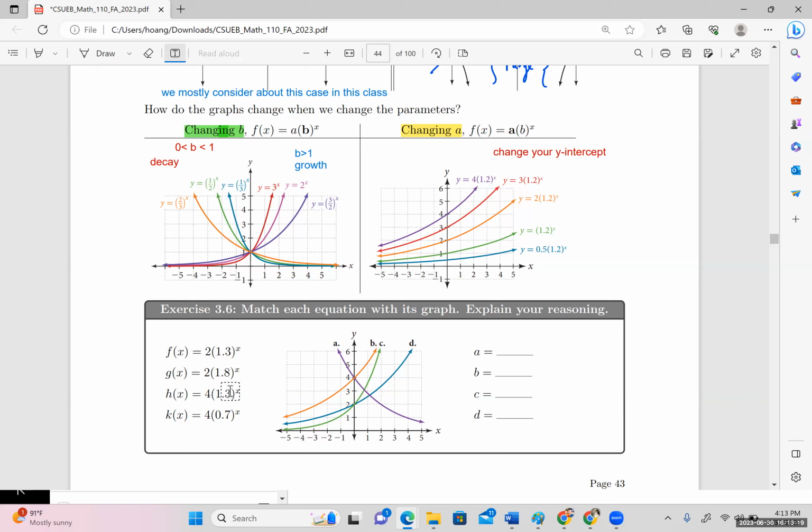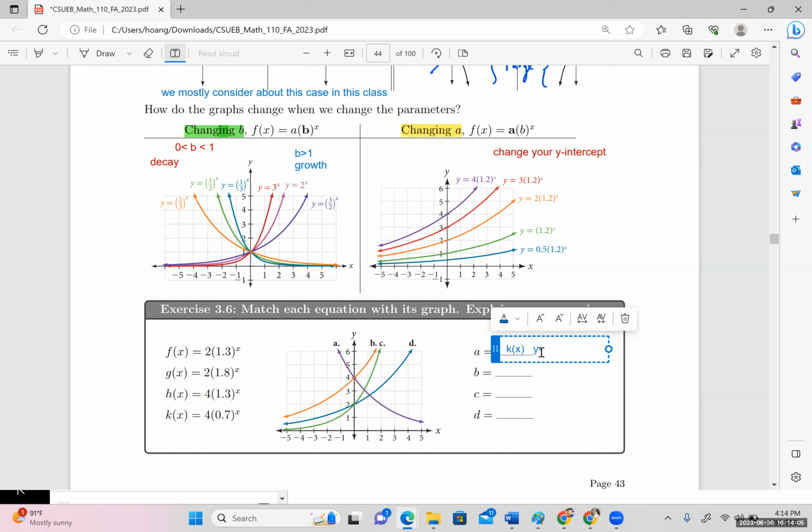In here I have 3 growth factors as 1.3, 1.8, and 1.3. The decay factor is 0.7 here, which will be the one that decays, right? So there is only one decay, k of x, and it also goes through the y-intercept at 4. So I would say a will be k of x.